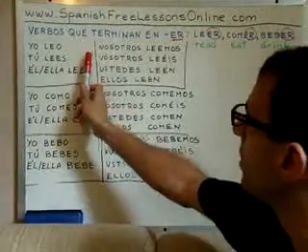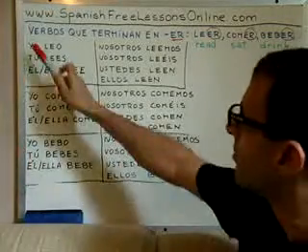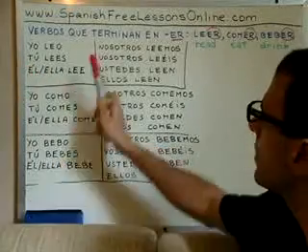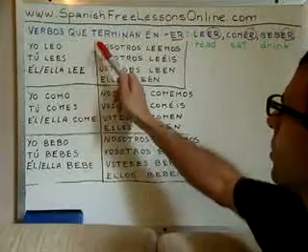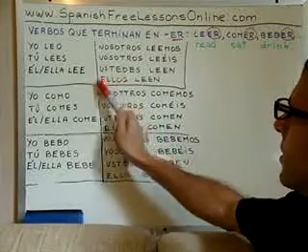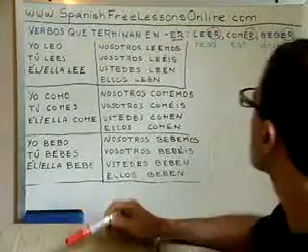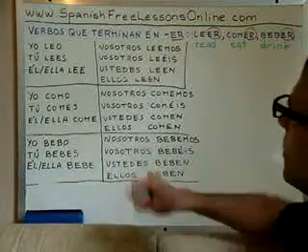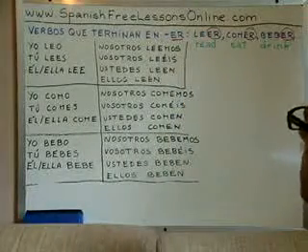You can see that on the left hand side we have the pronouns in singular, and to the right hand side we have the pronouns in plural, like we, you plural, they, ellos. These two are you plural, okay? And so let's begin with the verb leer. I want you to pay attention to this.